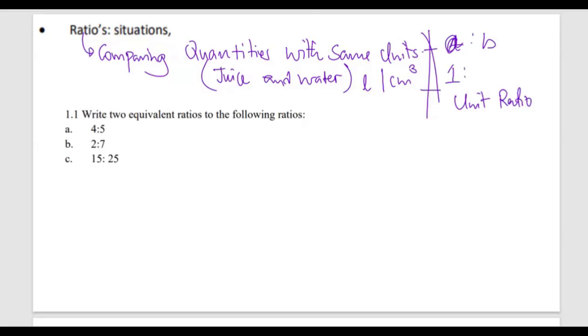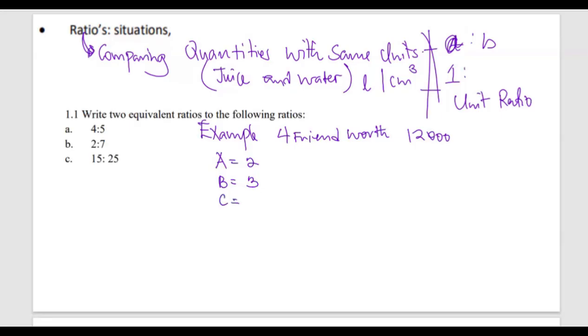Ratios, we can use them to increase or decrease in a particular way. Let me give an example here. 4 friends want to open up a business worth, let's say, 12,000. But friend A is going to bring 2 parts. Friend B will bring 3 parts. Friend C brings 1 part.